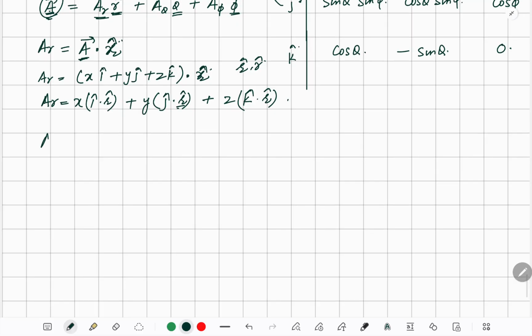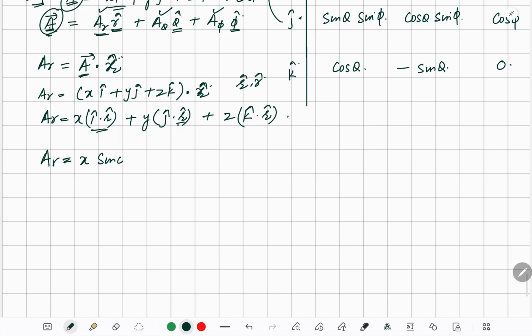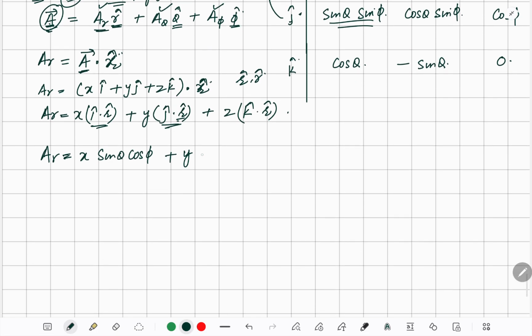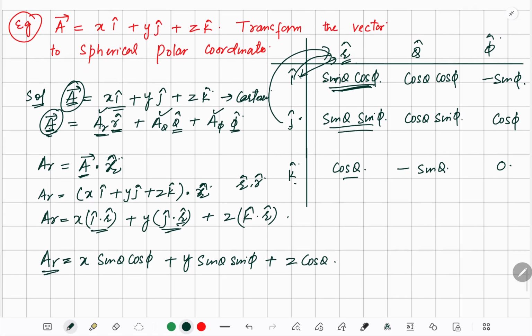This is a_r equals x, i cap dot r cap, which is sine theta cos phi, plus y, j cap dot r cap, which is sine theta sine phi, and plus z, k cap dot r cap, which is cos theta. So basically we are able to find a_r.